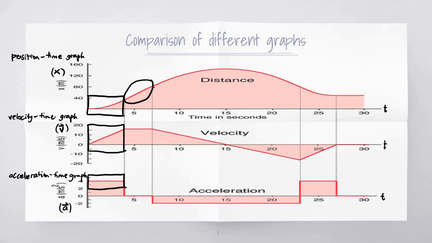Now if you try to look at this one, the one encircled right here, for the position time graph, the y value, or the position x, is now linear in nature, meaning the change happening in position x is constant. There is a constant change happening in position x.